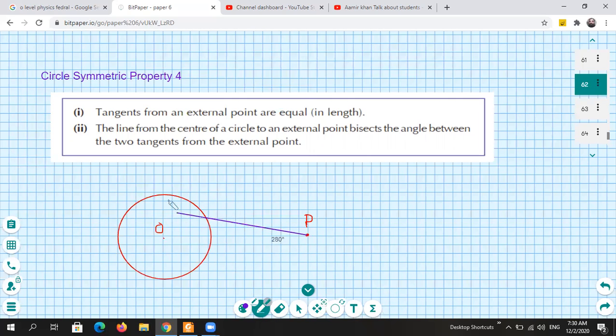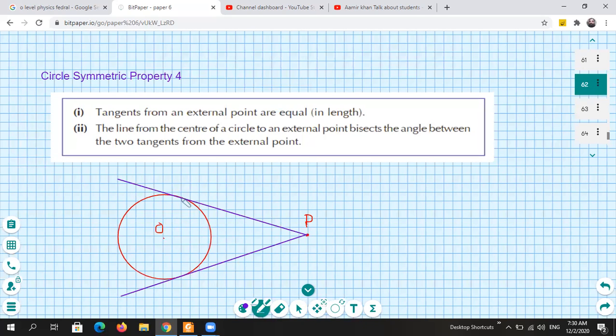The first tangent is this, and the second one is this. So the lengths of these tangents will be equal.